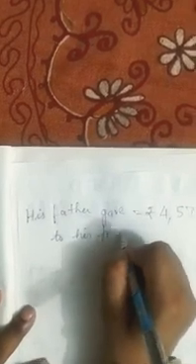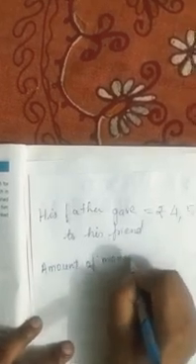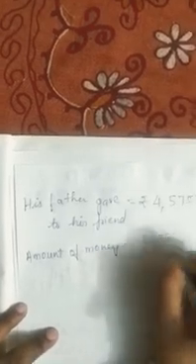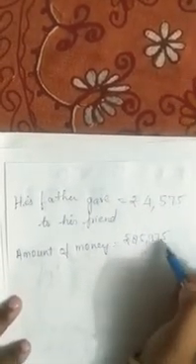Rupees 4,575 to his friend, and he withdrew how much money? The amount of money withdrew is 85,975. So his father had given that amount, 4,575, from 85,975.